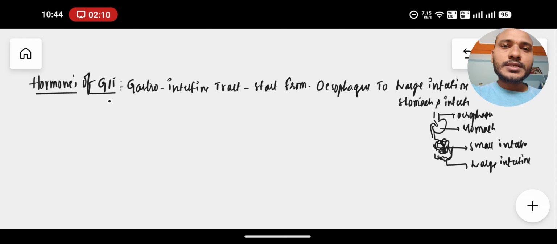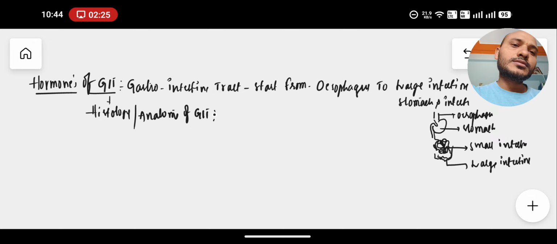Here, the histology or anatomy of the GI tract means all these organs. Generally, the GI tract contains four layers, from outer to inner.